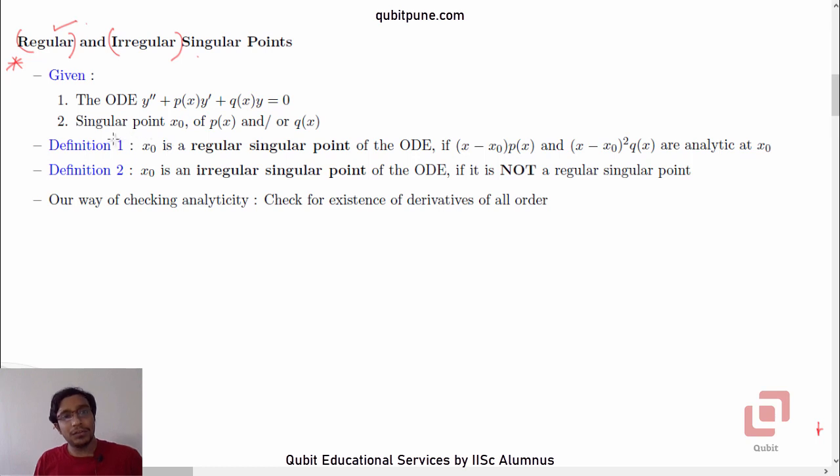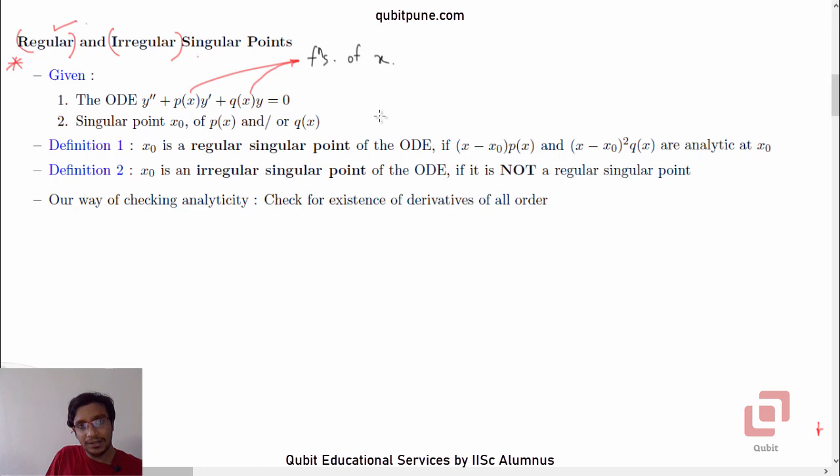Okay, so we start with the given things, which are required to define these two singular points. We start with our standard ordinary differential equation of second order, y double prime plus p of x into y prime plus q of x into y equal to 0, where both p of x and q of x can either be constants or functions of x. Now in this chapter we will see situations where both p of x and q of x are functions of x.